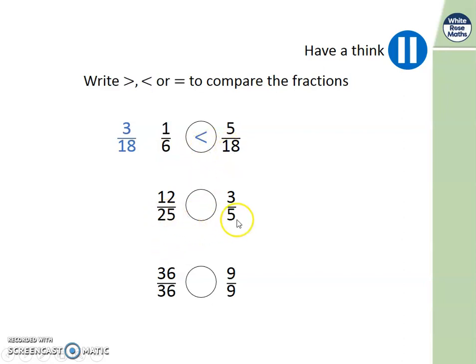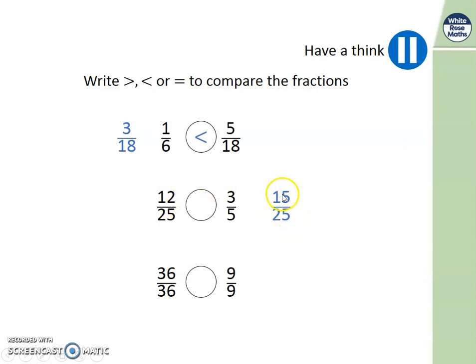Let's have a look at this one. We're going to change our fifths into 25ths. What would I do to 5 to make it into 25? Times it by 5. Do the same to the numerator. 3 times 5 is 15. 15 25ths.